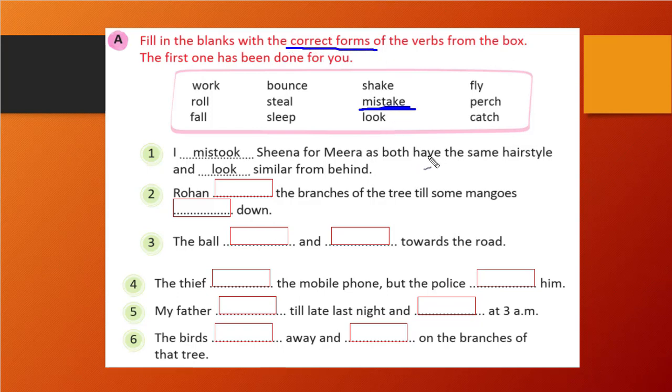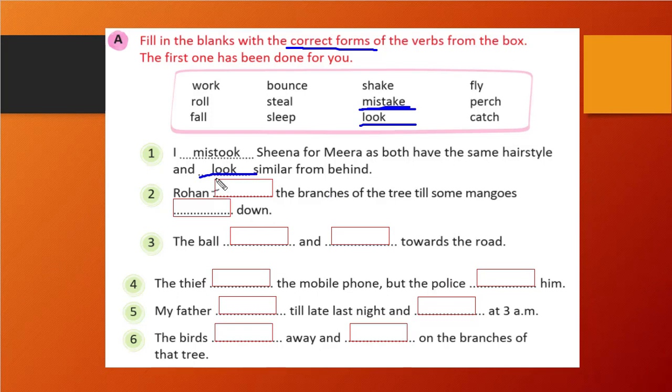Here you see both have the same hairstyle and similar from behind. What we need to write here? We need to write in the simple past. Okay. And here look will begin. I mistook Sheena for Meena as both have the same hairstyle and look similar from behind.